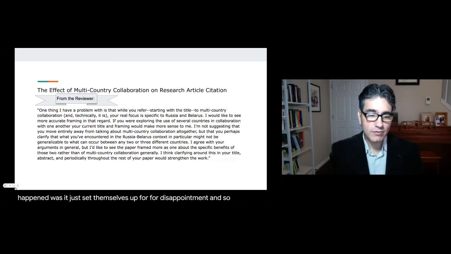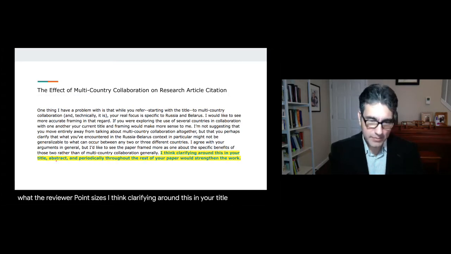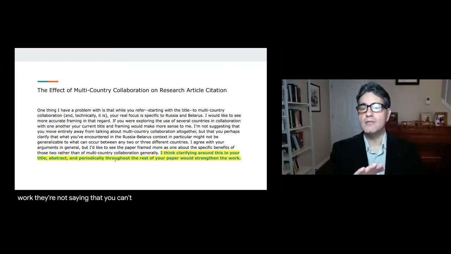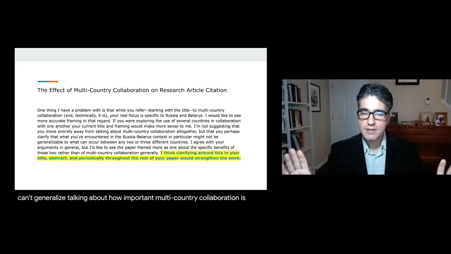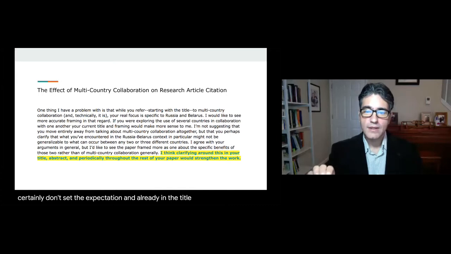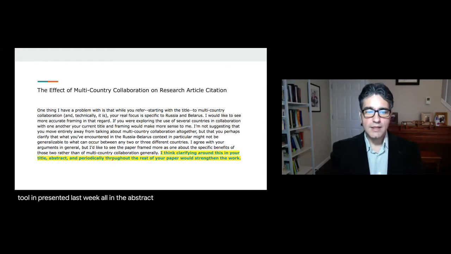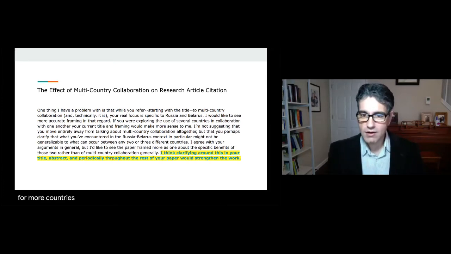And so what the reviewer points out is, I think clarifying around this in your title, your abstract, and periodically throughout the rest of your paper would strengthen the work. They're not saying that you can't generalize. He's not saying, or she, that you can't generalize, talking about how important multi-country collaboration is, but certainly don't set the expectation already in the title. And then again, as Talinn presented last week, in the abstract, so that the person is not looking for more countries than there are.